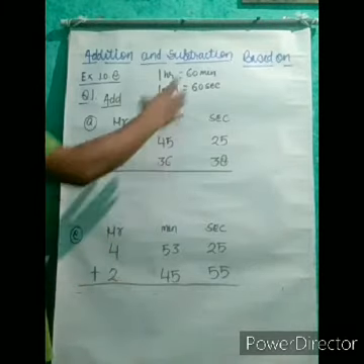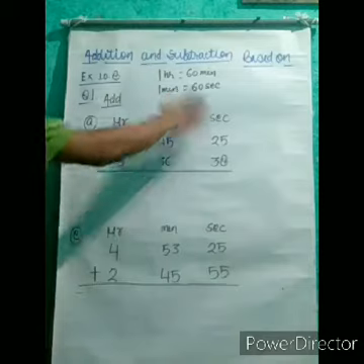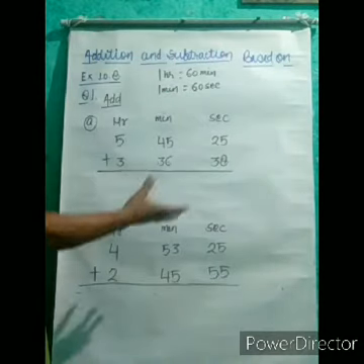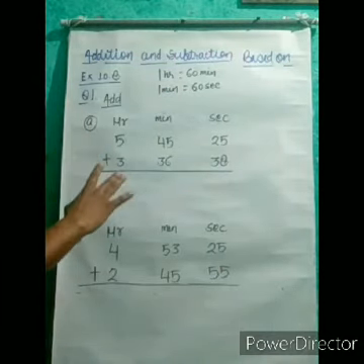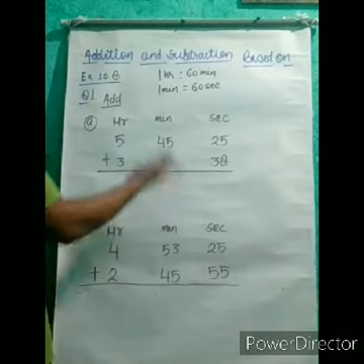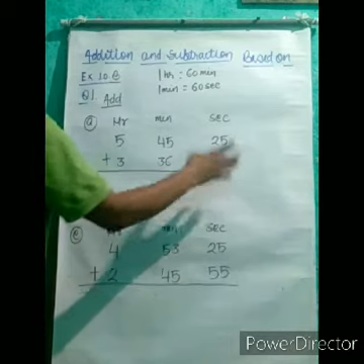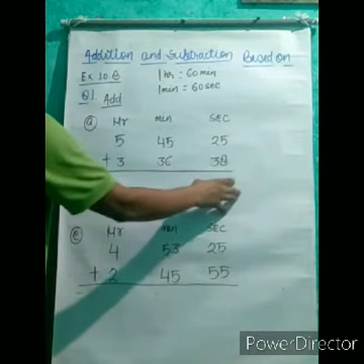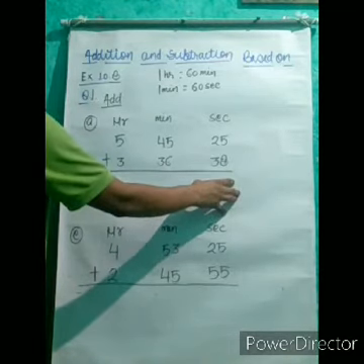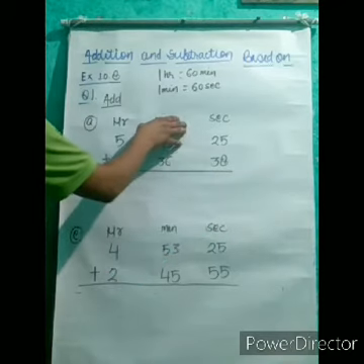While adding time, if the sum of seconds or minutes comes more than 60, we will divide by 60 for converting into the higher unit.